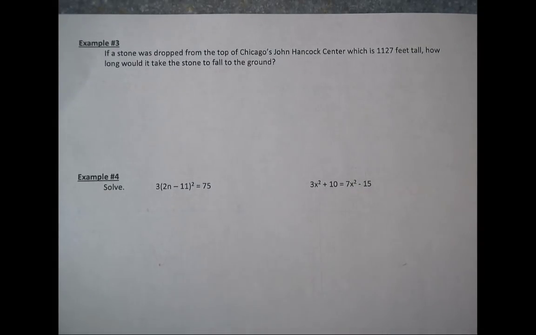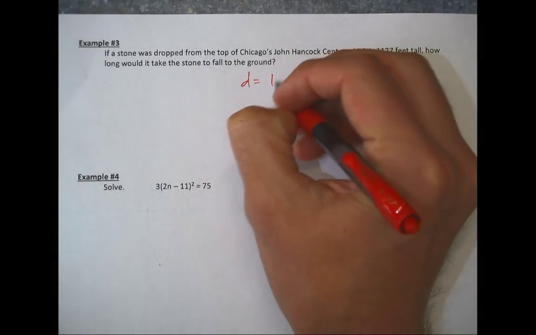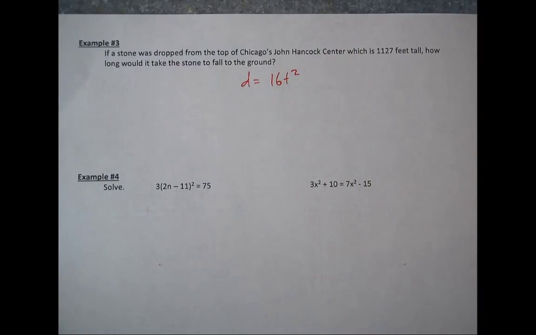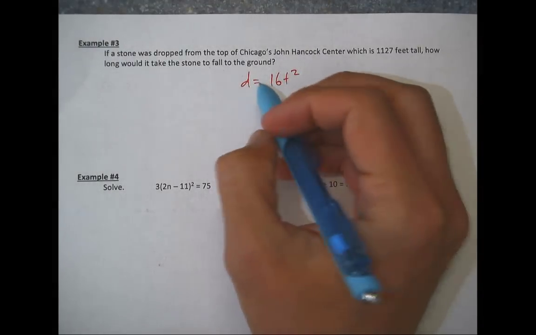Same exact thing, so use that same formula: when something is dropped, d equals 16t squared. Try this one, pause the video, then come back and see how you did. So we are plugging in once again for distance.